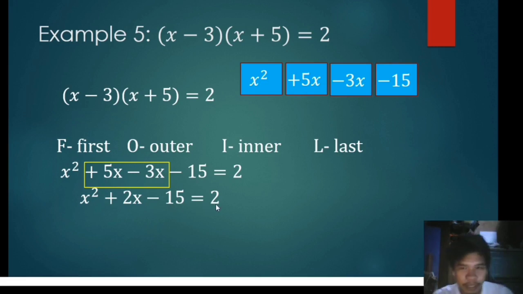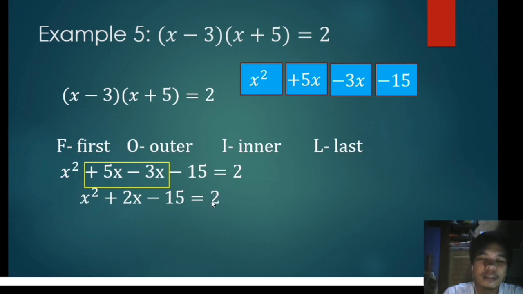Just like we did in the previous examples, we need to make this positive 2 equal to 0. To do that, we use the subtraction property of equality by subtracting 2 here, so that this right side will become 0.